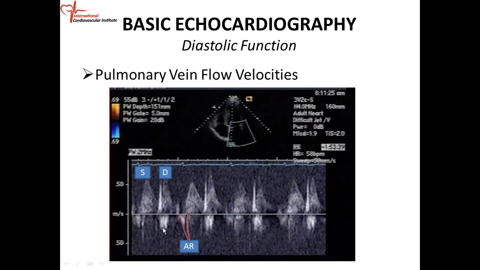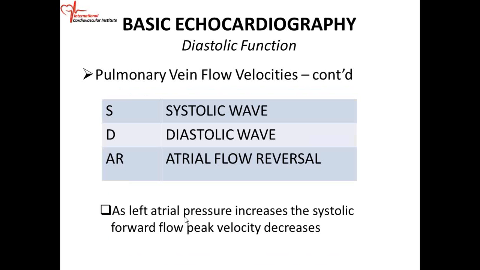All right, so this is your atrial reversal. Try to show it there. All right, so the S is the systolic wave or systolic component. D, diastolic wave, diastolic component. Yeah, that's atrial reversal. So we say as the left atrial pressure increases, the systolic forward flow peak velocity decreases, and that's the same thing we're saying.